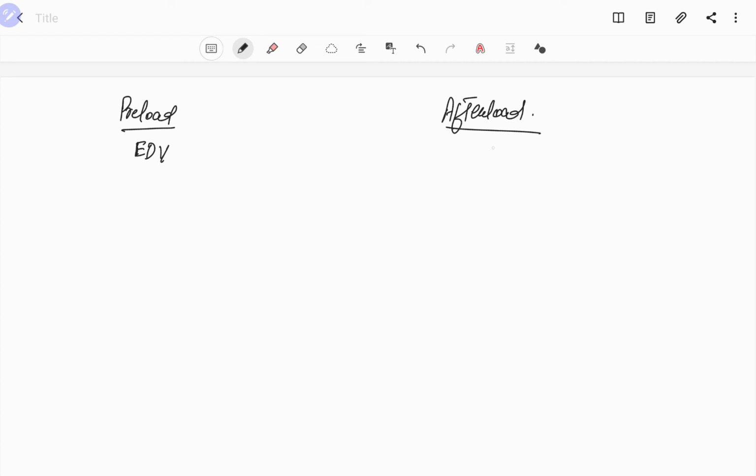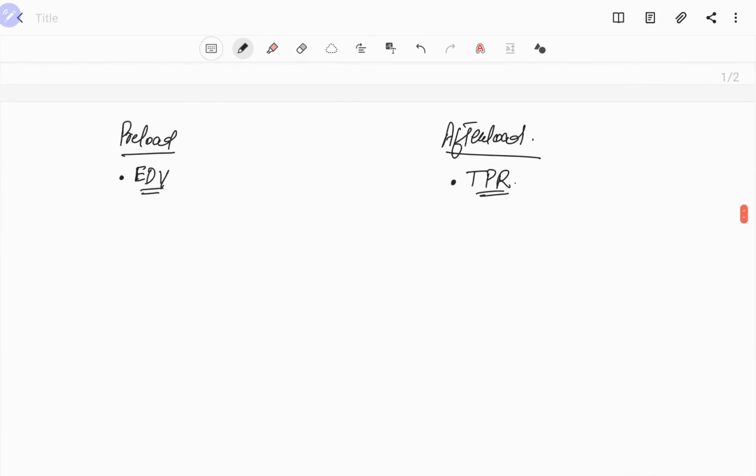Whenever afterload is asked of any medical student, he should say total peripheral resistance. So these are the two main points, and from that you can tell the whole story: the more the total peripheral resistance, the more the afterload, and the less the stroke volume. Similarly, the more the end-diastolic volume, the more the preload, and the harder the contraction, according to Starling's law of the heart.